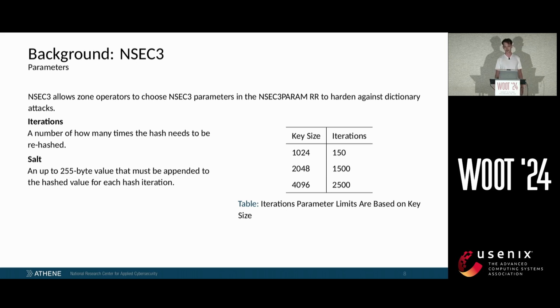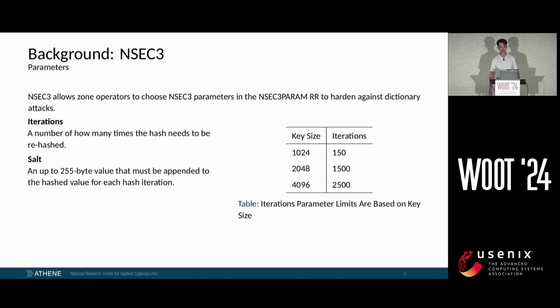Furthermore, there are two parameters in NSEC3 that the zone operator can define. First, the iterations. If we set the iterations level to something higher than 0, it instructs the zone operator, but also the resolvers, that when they want to compute a single hash, they have to rehash as many times as the iterations say. And with a salt value, whenever you do a hash operation for computing the final hash, you must also append a value of up to 255 bytes for every single iteration.